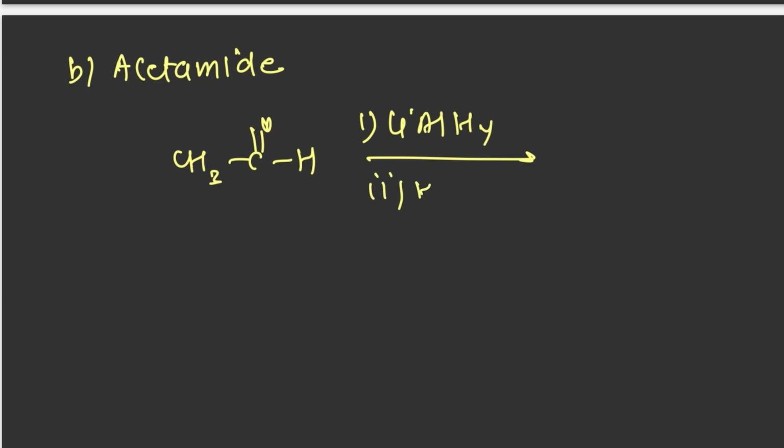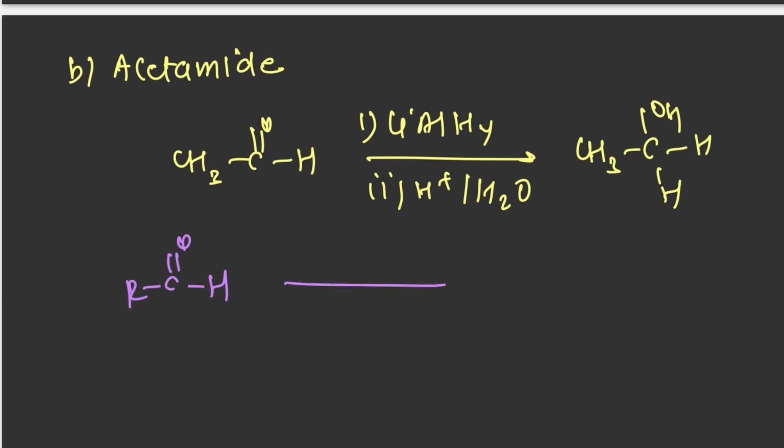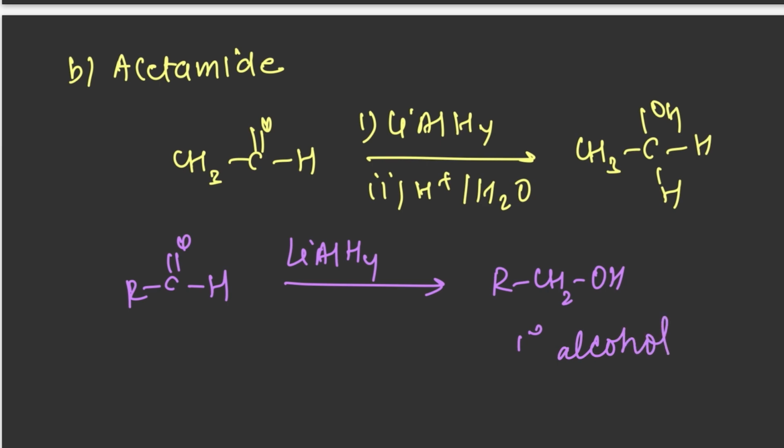So it will form CH3CH2OH. With an aldehyde and LiAlH4, a 1 degree alcohol forms, RCH2OH. How does it form? We know H minus it will give, a nucleophilic addition reaction.